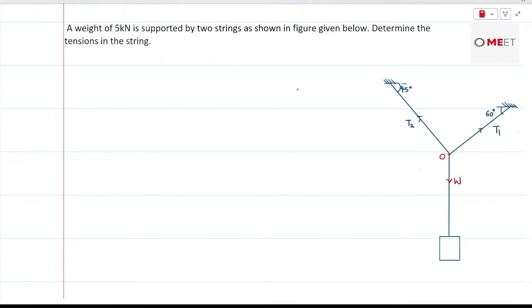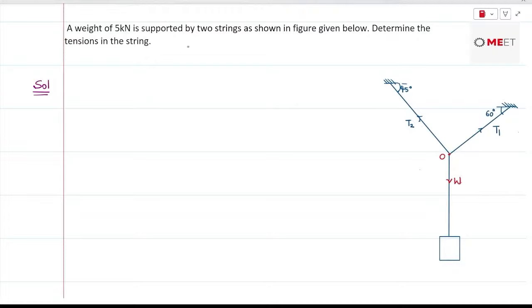Otherwise, there will be an error in the sign, that is, a negative sign will be reflected in the answer. That is not completely wrong, but ensure that you know the proper usage of Lami's theorem and what representation of forces is needed.